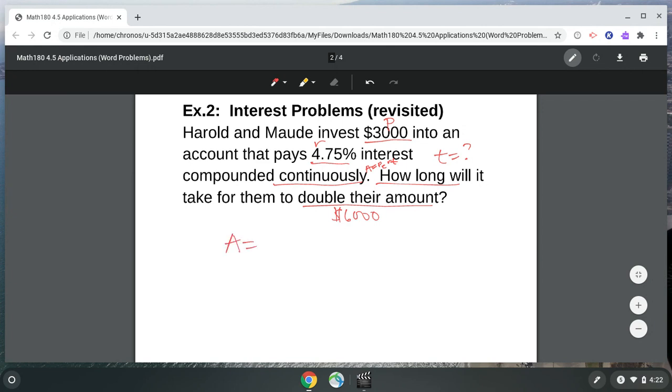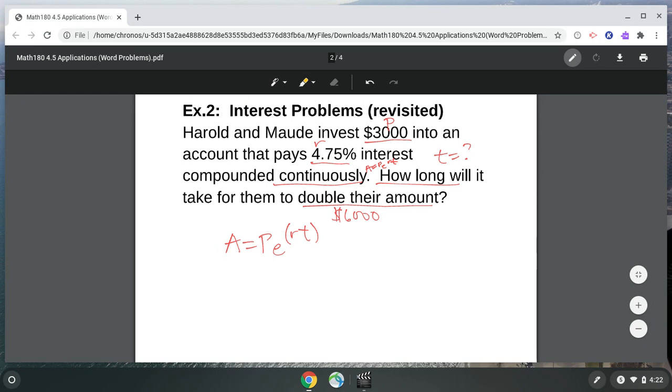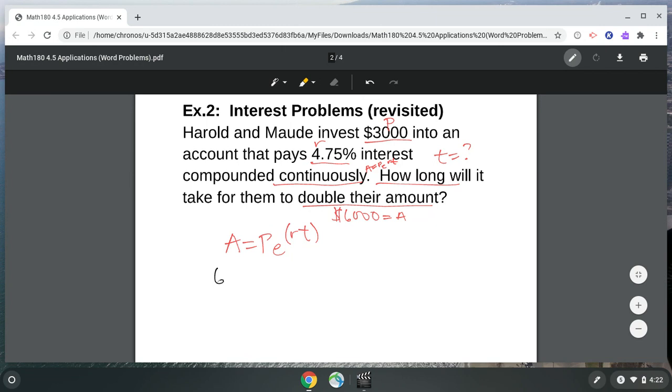A equals Pe to the rt. Okay, so let's go ahead and plug in all of our values. And this one over here, before I get going on it, this one is our A value, our final amount. Okay. All right, so we want to end up with $6,000 when we invest 3,000. Okay, we're trying to double our amount.